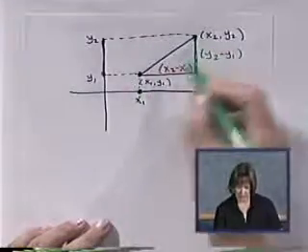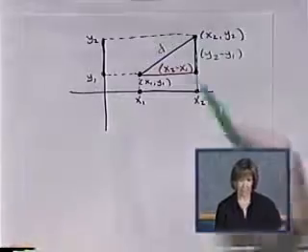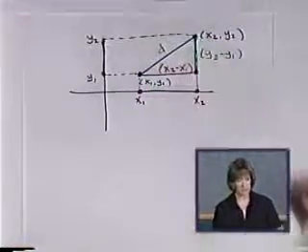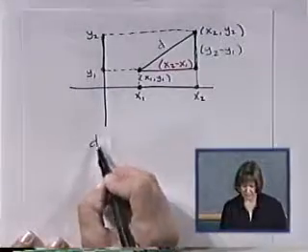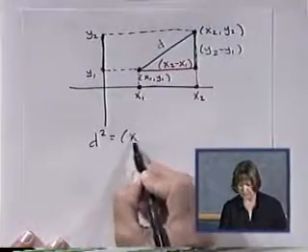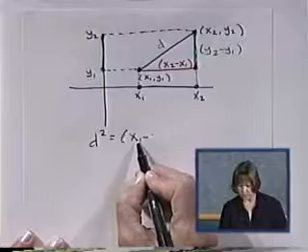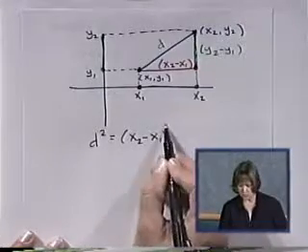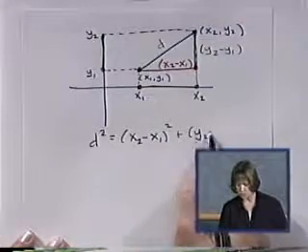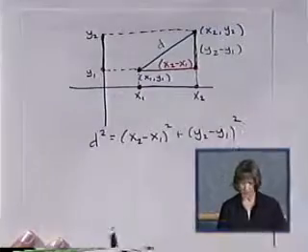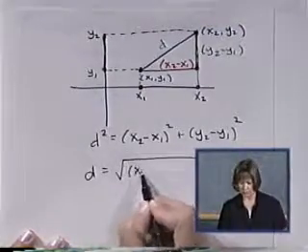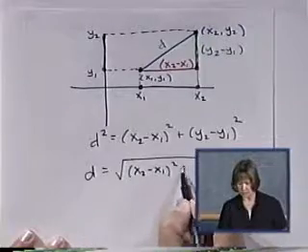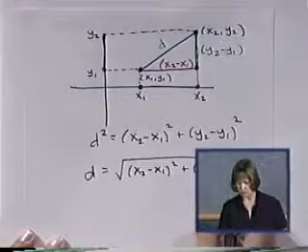And I'm going to call this little distance right here d, which is the distance between this point to this point. And I think most of you will remember the Pythagorean theorem says the hypotenuse squared is equal to the sums of the squares, is x2 minus x1 squared plus y2 minus y1 squared. And so if we take the square root of both sides, d is equal to the square root of x2 minus x1 squared plus y2 minus y1 squared.